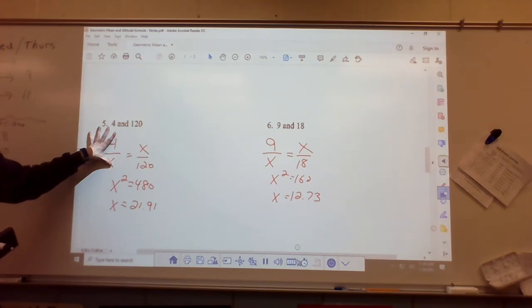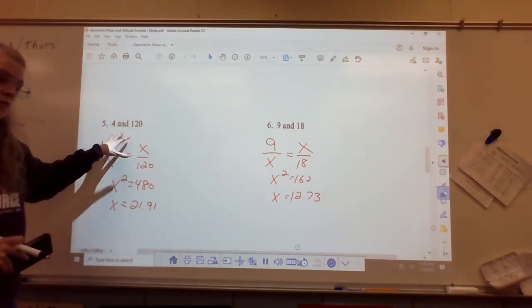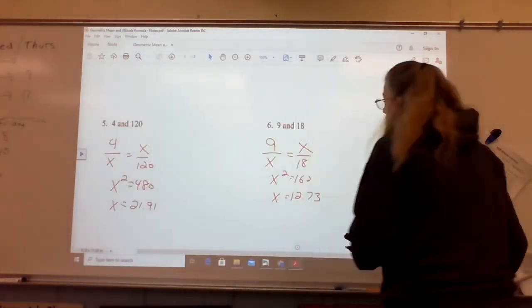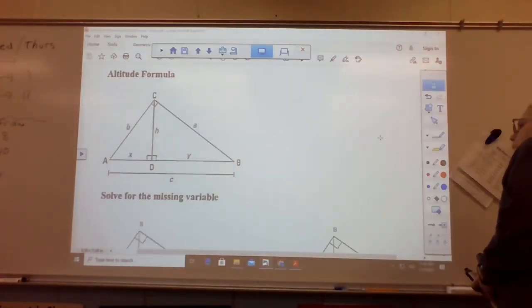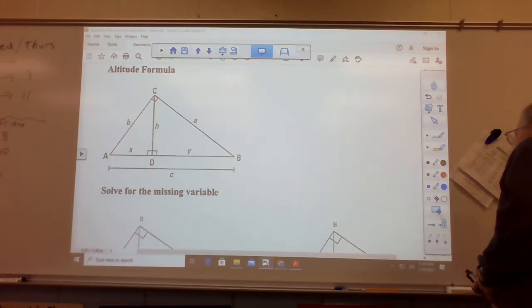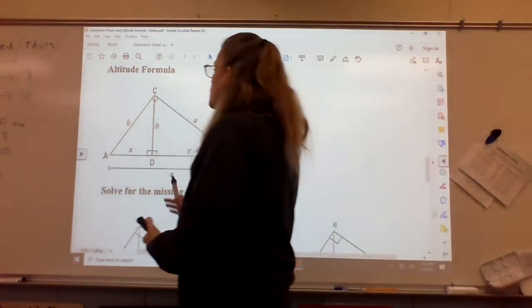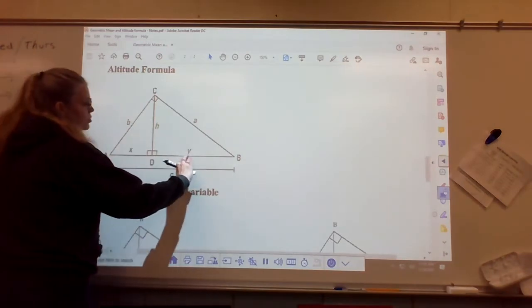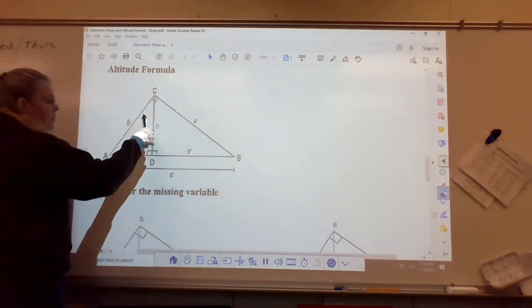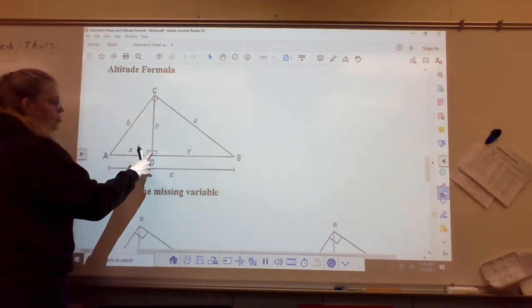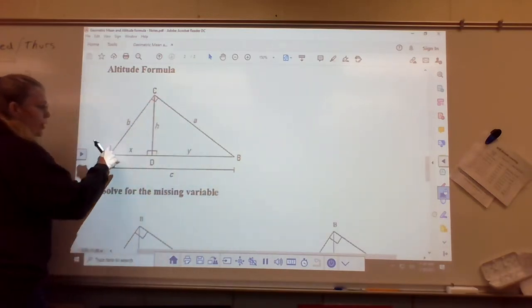Now we're going to use the geometric mean for some triangles. This was just background to help get us started. So the next problem. What we have here is a right triangle that I split down the middle to create 2 more right triangles.